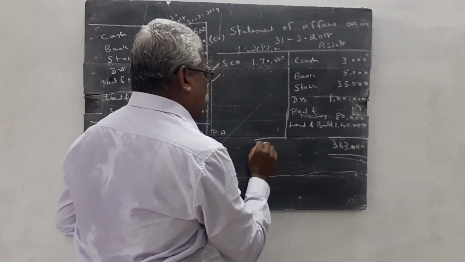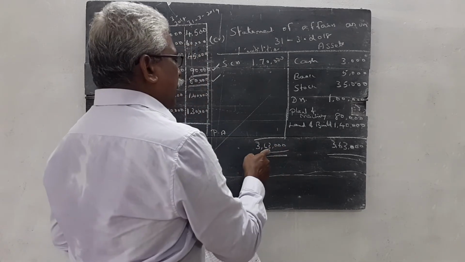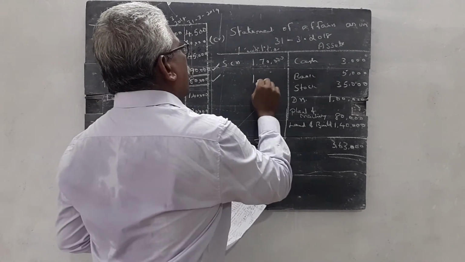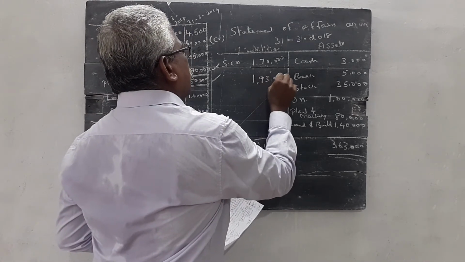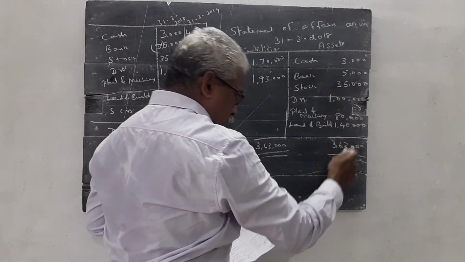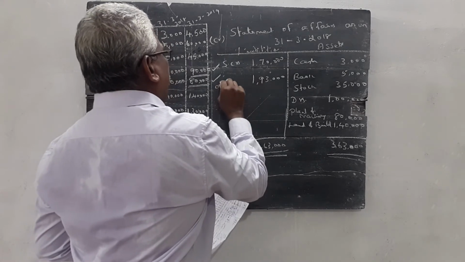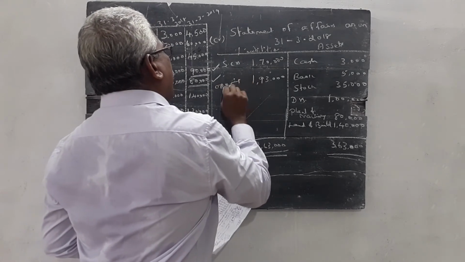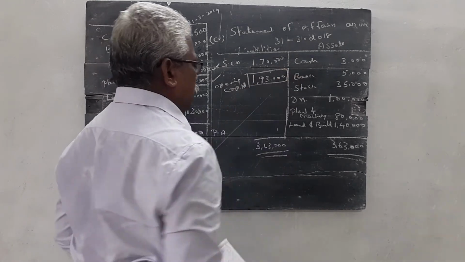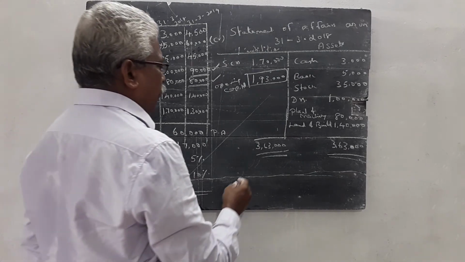The same 3,63,000 is also entered here. 3,63,000 minus 1,70,000 is equal to 1,93,000. 3,63,000 is the asset side total. Asset minus liability is equal to capital. Here we write opening capital 1,93,000.